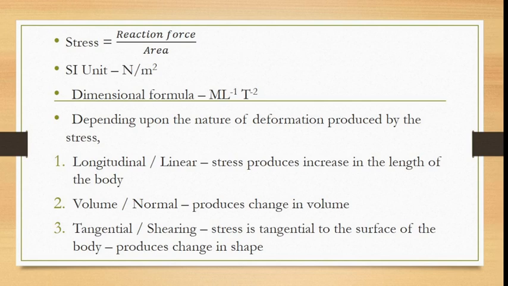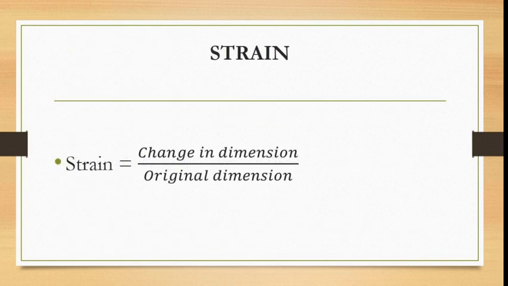So now we know about stress. So obviously the next topic will be strain. Now what is strain? Strain is the ratio of change in dimension to the original dimension. So that's the equation, and you know that it has no units and no dimensional formula.